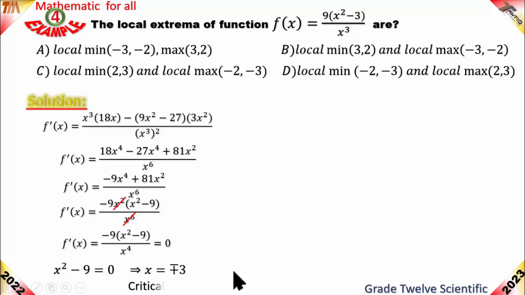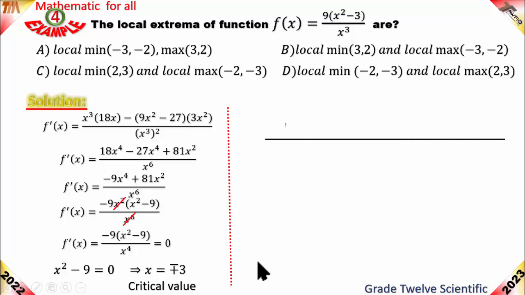And now drawing the table of values for x. The domain of this function is all real numbers except 0, so it's from minus infinity to positive infinity, and we have two critical points, x equal minus 3 and x equal 3.